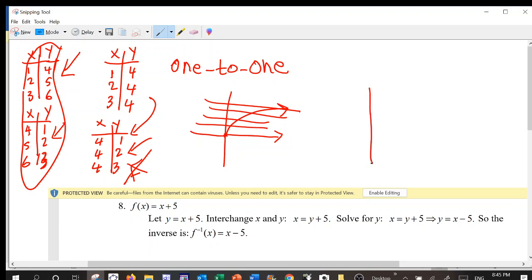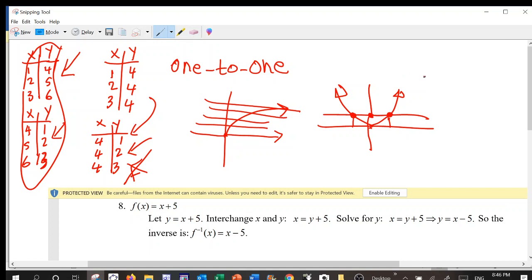For example, this graph right here is not one-to-one. Why? Because these two have two different inputs, but the same output. So this is not a one-to-one function, but the other one is a one-to-one function.